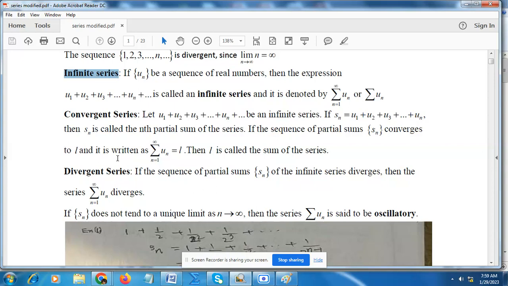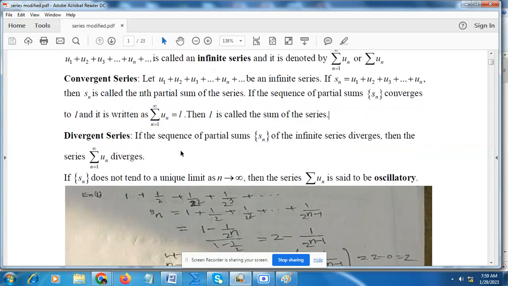Now, if the sequence of nth partial sums Sn converges to L, and it is written as sigma un is equal to L, then L is called the sum of the series. Divergent series.